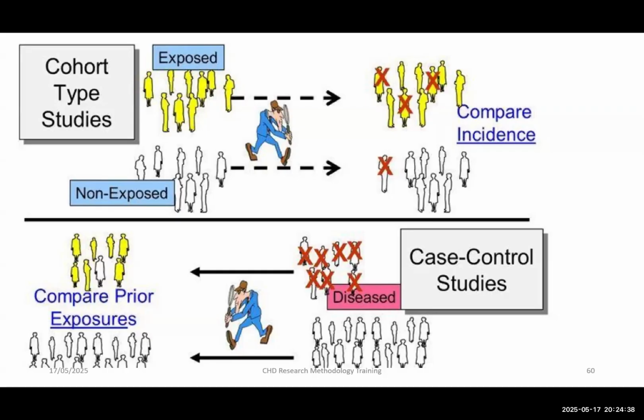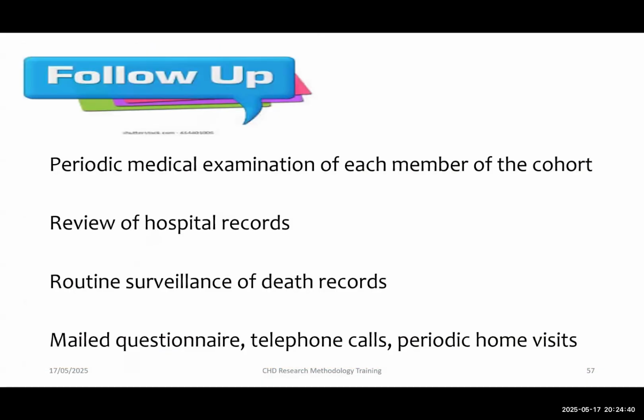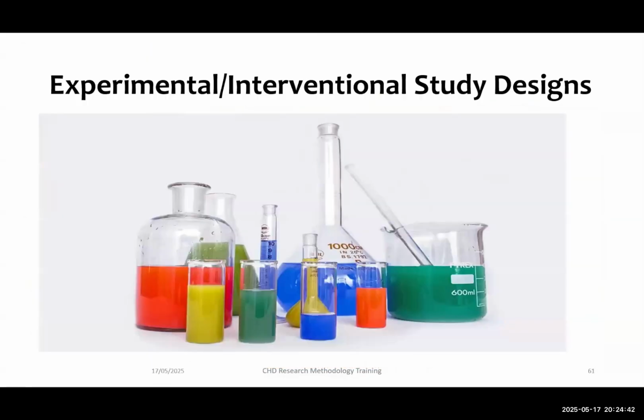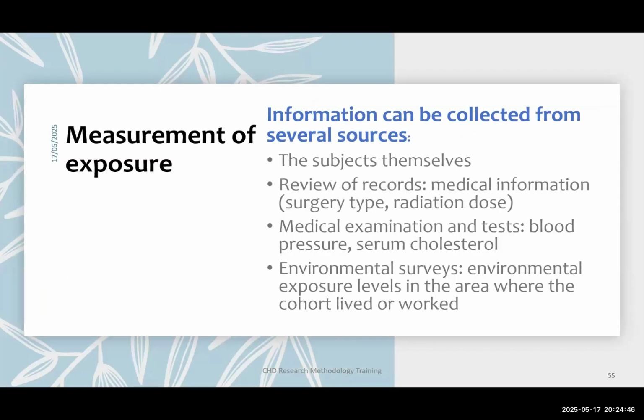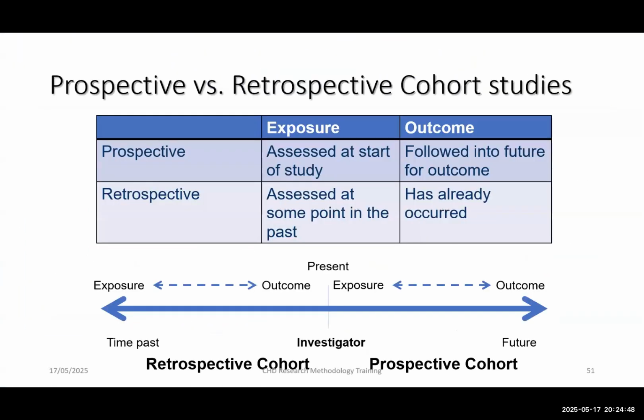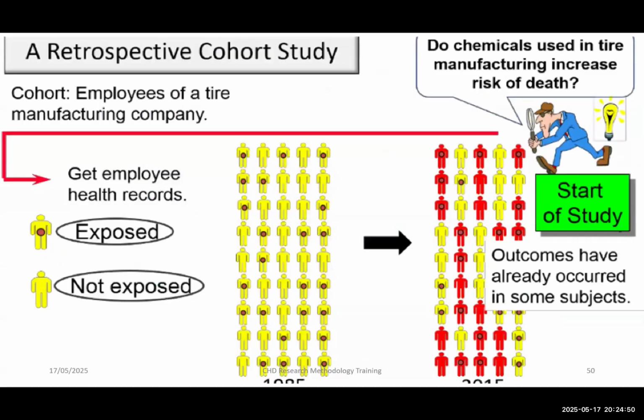In a retrospective cohort study, the outcome may have occurred already in some subjects. In a cohort study, your interest is the exposure status, and then you follow them to determine the outcome measure.